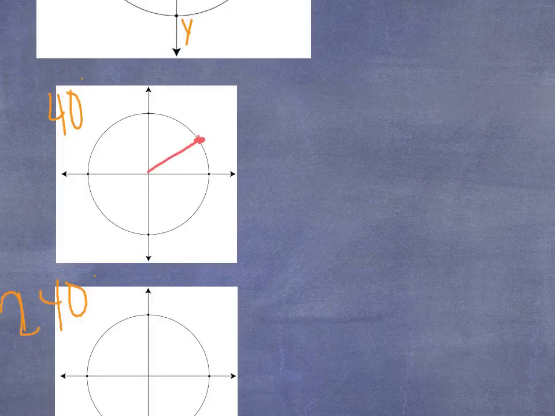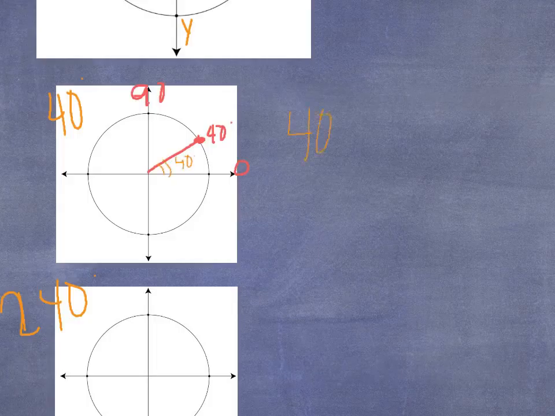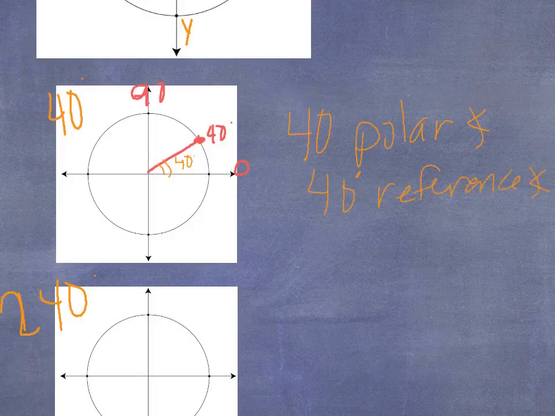So if we're going up 40 degrees from 0 before 90, our 40 degree angle is also going to have a reference angle of 40 degrees. So it's a 40 degree polar angle, and it's a 40 degree reference angle. That's the funny thing about angle measures up here in quadrant 1. Their polar angle is actually going to be the same as the reference angle.